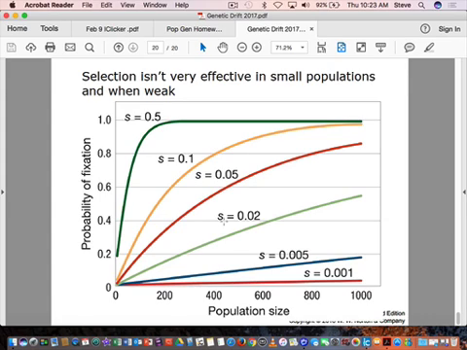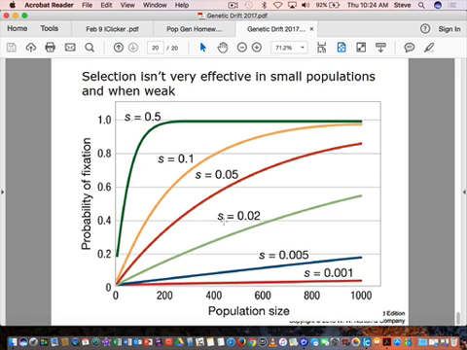Is it going to fixation just by chance? It actually turns out it's going to fixation of the favored allele. So selection isn't very effective in small populations when it's weak. It's pretty effective, right, in small populations when it's strong.